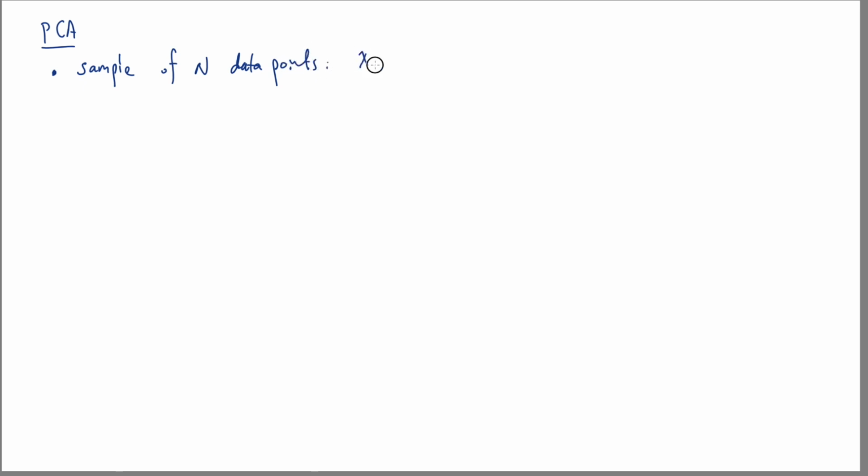We'll call them x1 to xn, and each xi is a p-dimensional vector. So it's a feature vector of p features, and we have n examples in our sample.